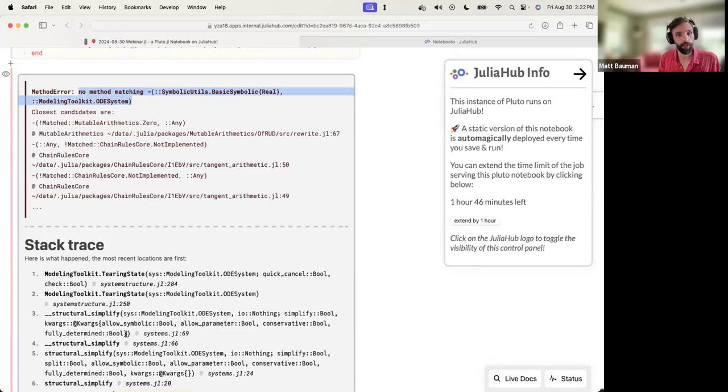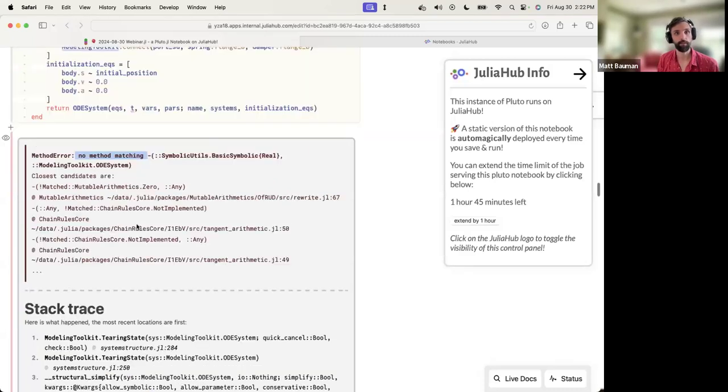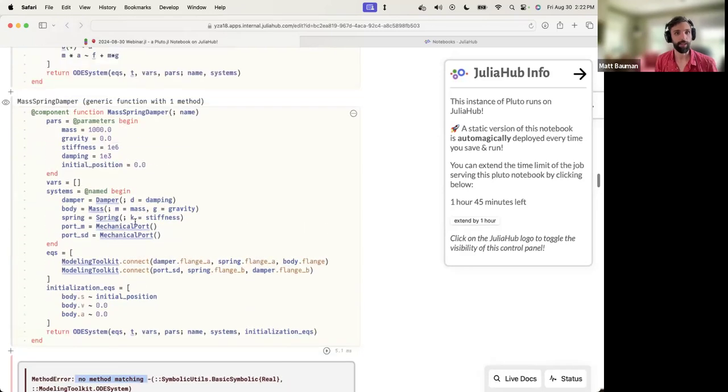And it happened while we were doing the structural simplify of our systems of equations. And so there's some equation here where I'm passing an entire ODE system instead of a symbol. And that's precisely where this is happening. So the errors that you do see, we are always striving to improve these, and it would be really nice to be able to debug this a little bit more closely. Doing it live is tricky.